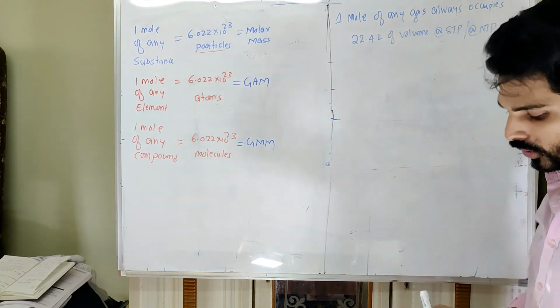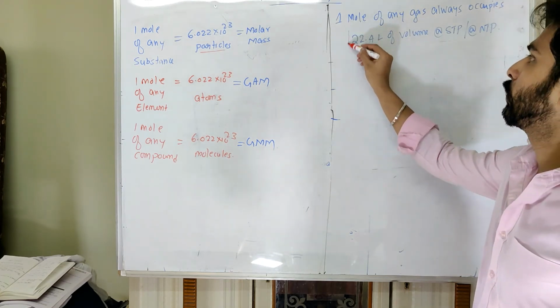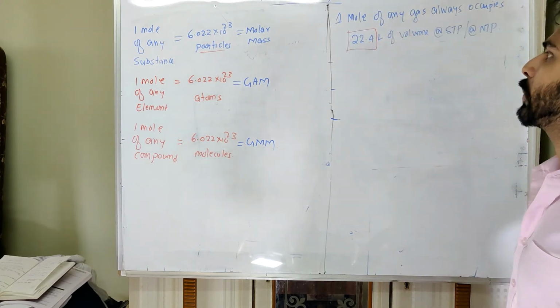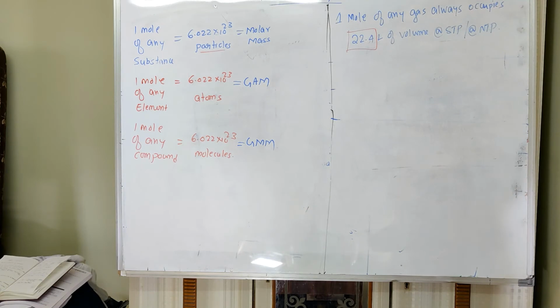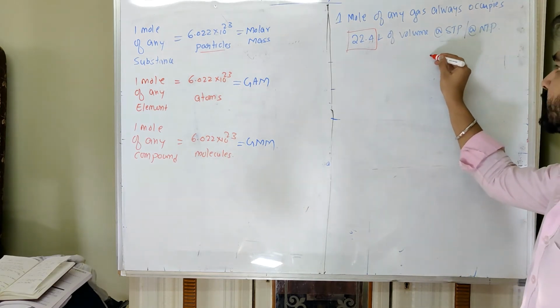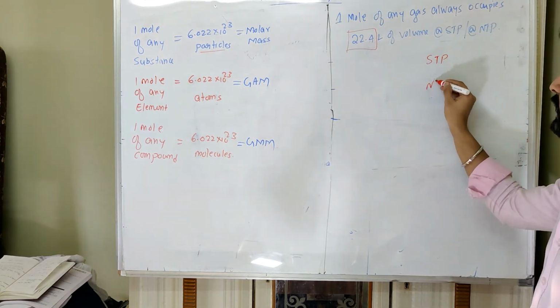So as a note, just remember, 1 mole of any gas will occupy 22.4 liter of volume at STP or NTP.